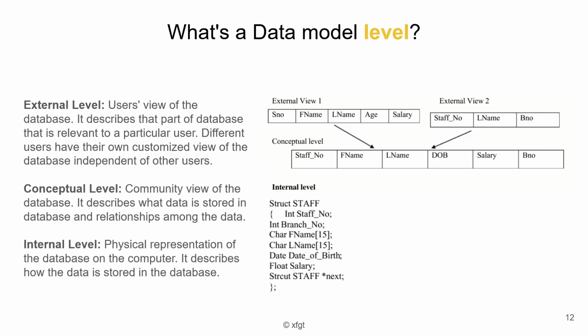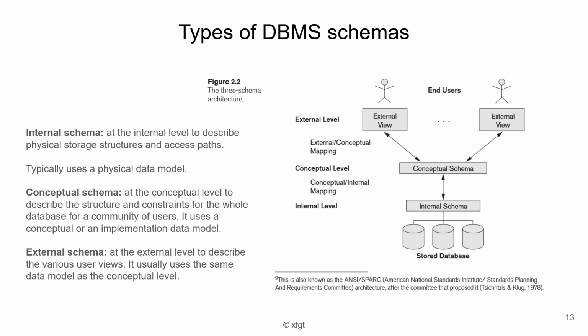record. So after we're done with describing what are the different data model levels, we're going to take a look at database schemas. So to prevent application programs from breaking whenever underlying disk structures change, database systems utilize the three schema architecture.